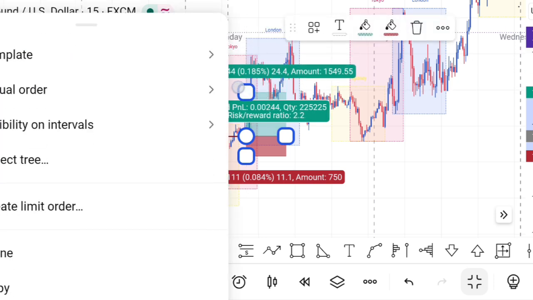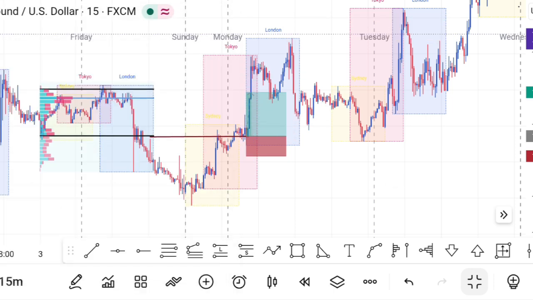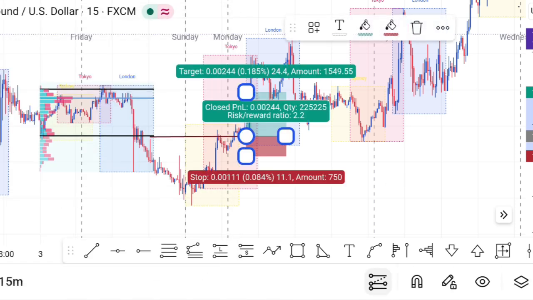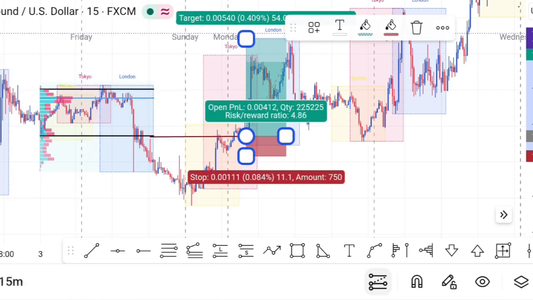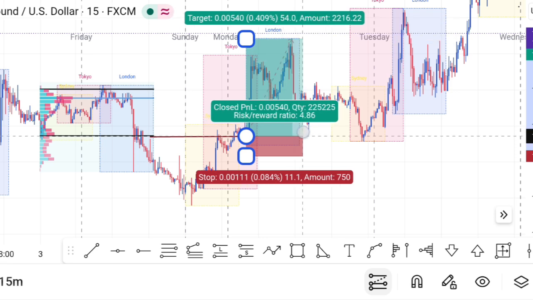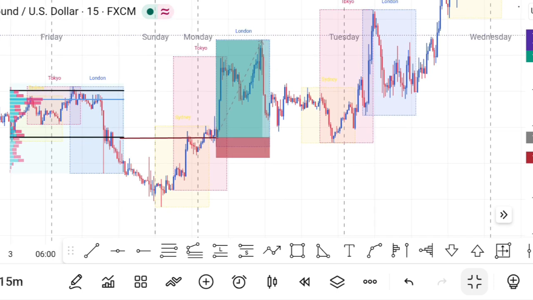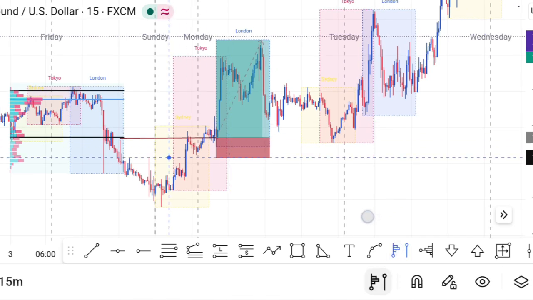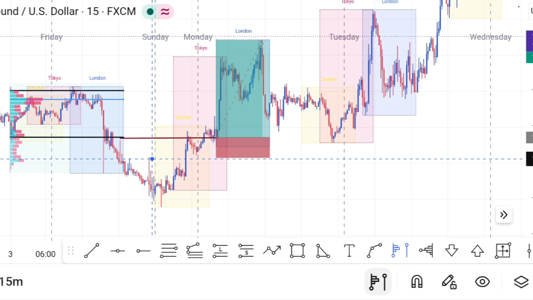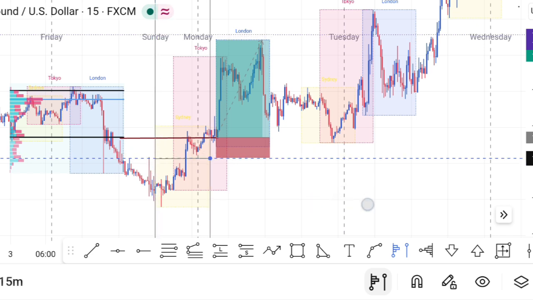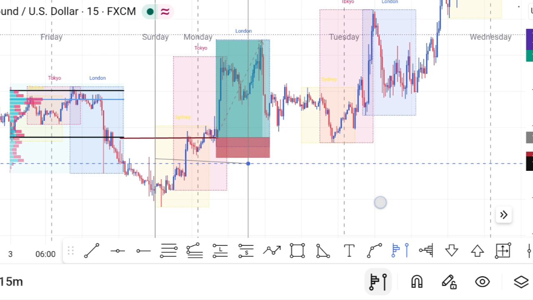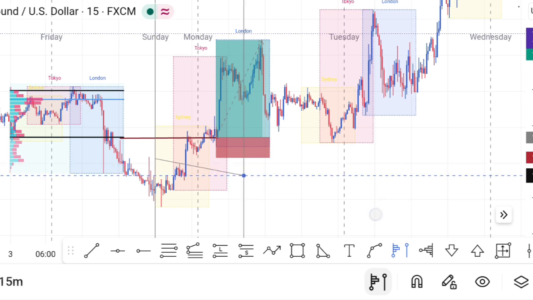That's where you're going to put your stop loss. Okay, look at that. Beautiful. The next thing I want you to do on Monday is what I did. I mark the Asian, making sure it's the exact Asian from where the Asian starts to where it ends.